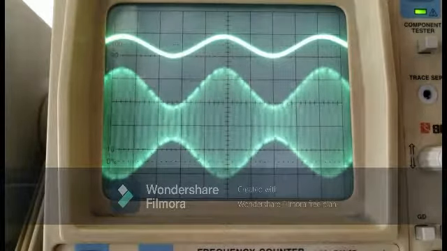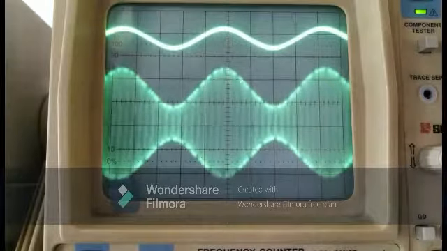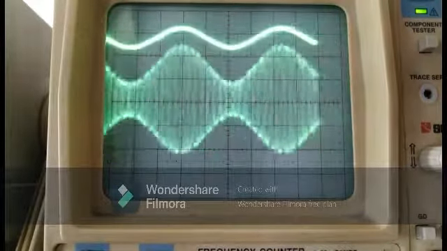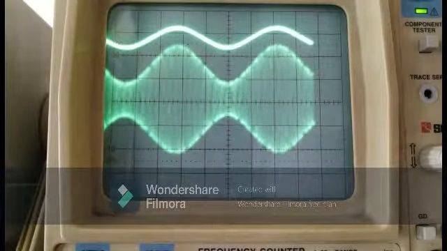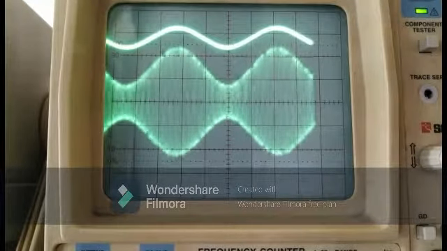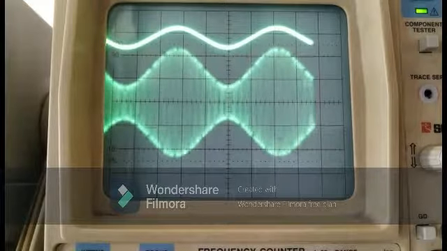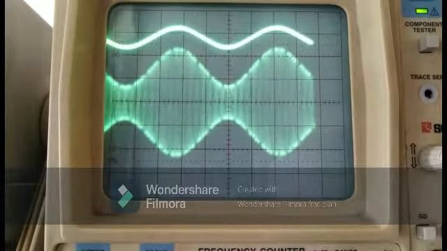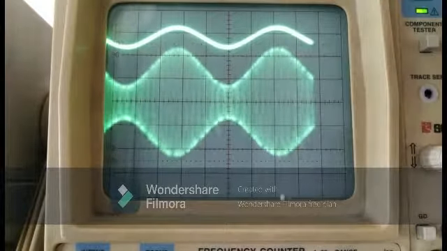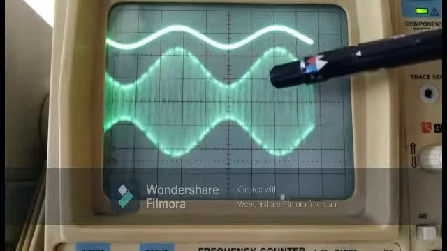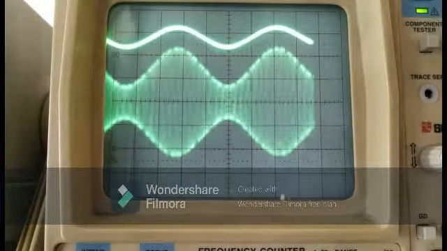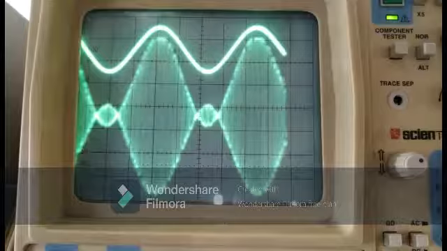Now we have to measure the V minimum and V maximum. So I will set this to the center. Okay. So V minimum is in between 0.3 and 0.8, so it is 0.7.